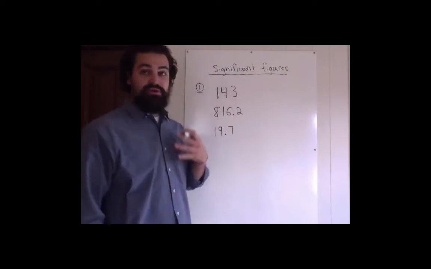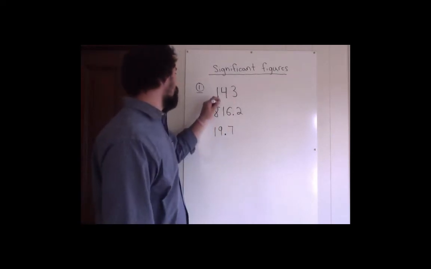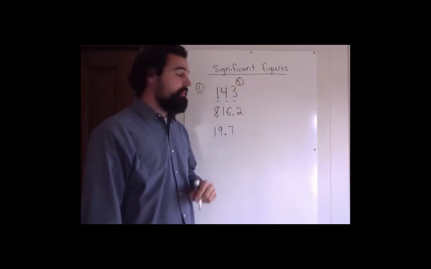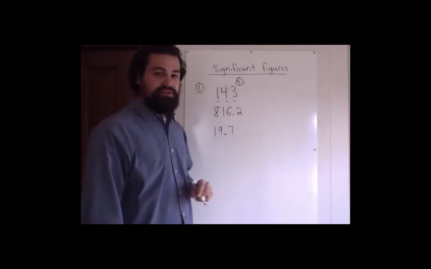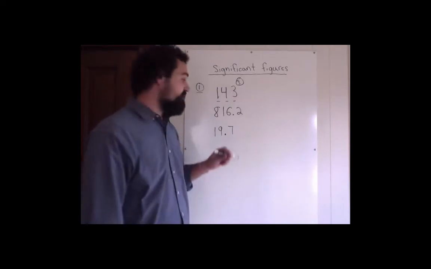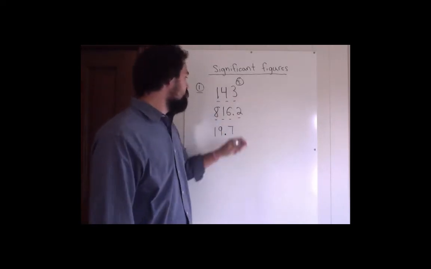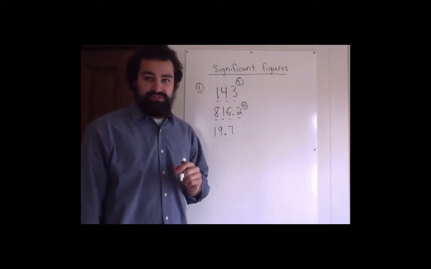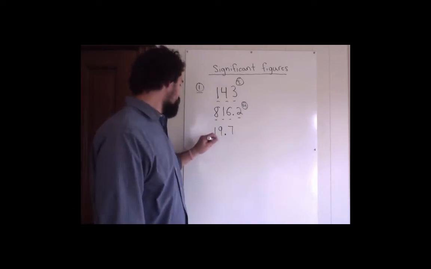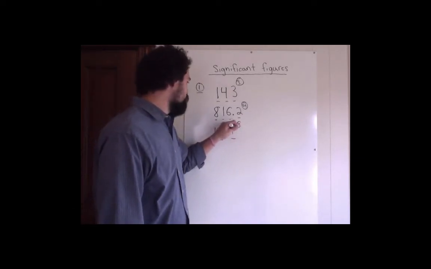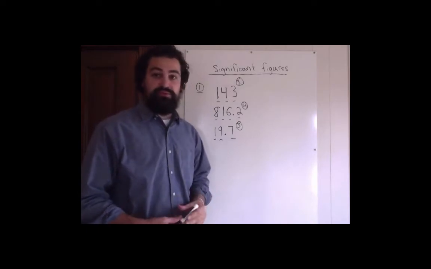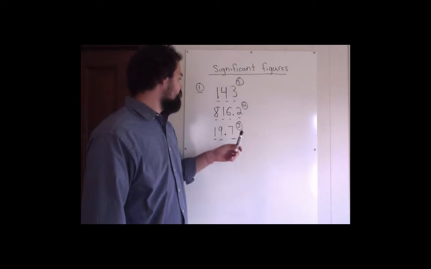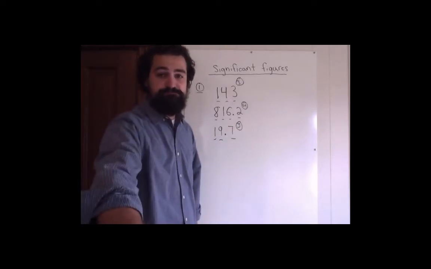Non-zero, non-zero, non-zero, they're all non-zero, so they're all significant. 1, 2, 3, so that one has 3 significant figures. 816.2, I'm sure you've already figured it out. 1, 2, 3, 4. 4 significant figures. 19.7. 1, 2, 3. 3 non-zero numbers, and they are all significant. So 3 significant figures, 4 significant figures, and 3 significant figures.